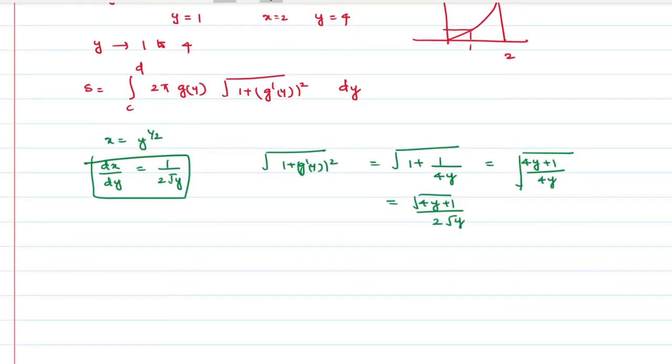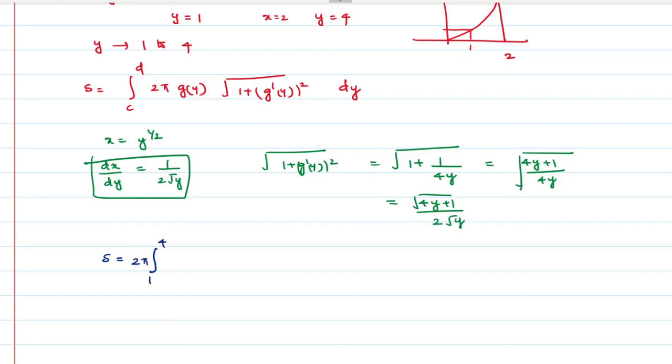When we substitute in our formula, we will get S is equal to integral. Whose limit is needed? Since we are revolving about the y-axis, the limit of y is needed. That is 1 to 4. 2 pi you can take outside.